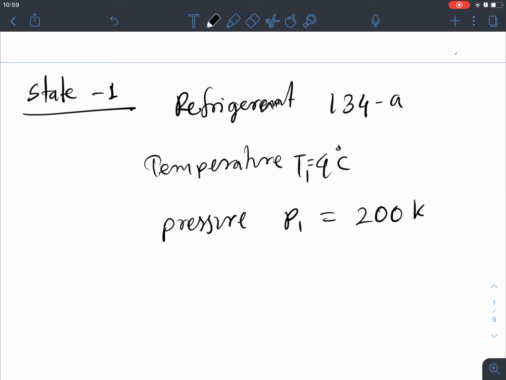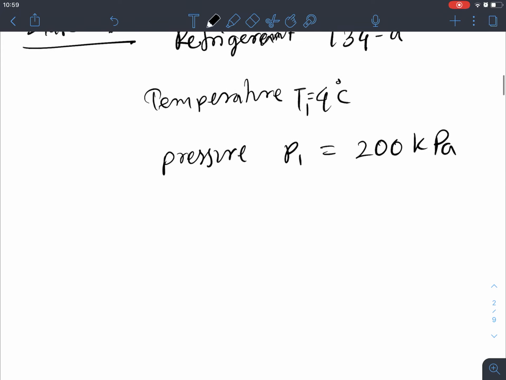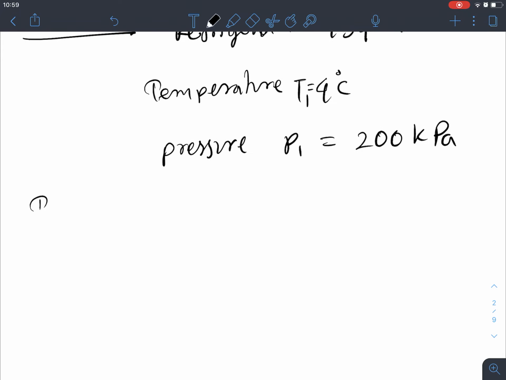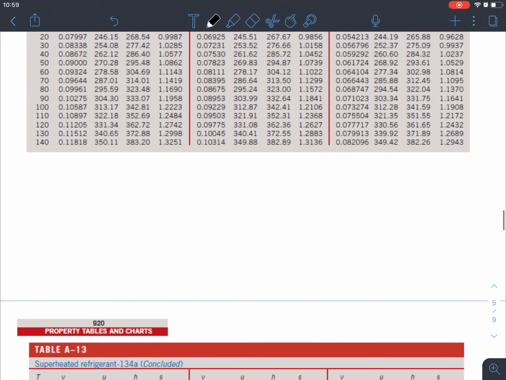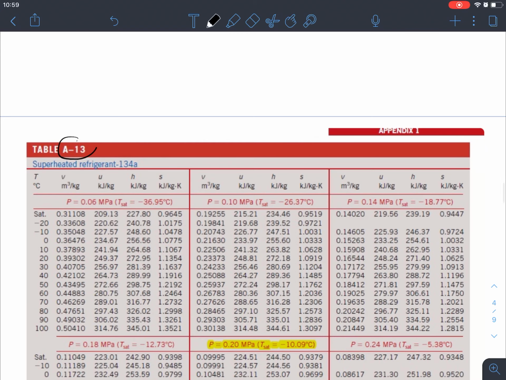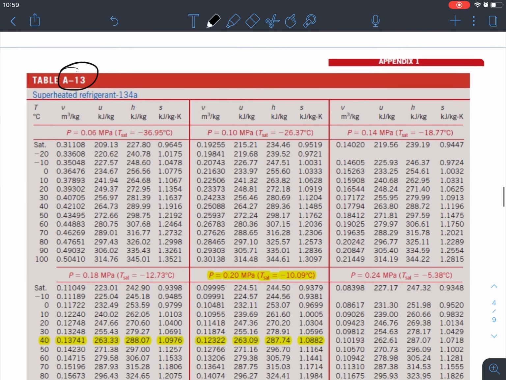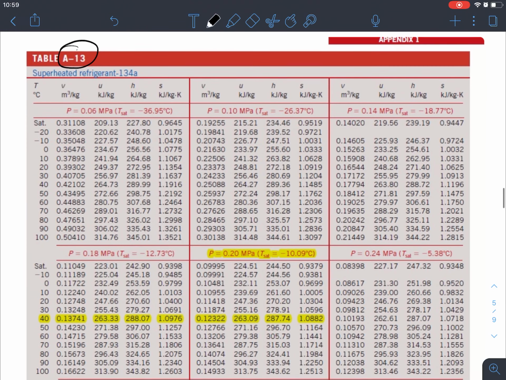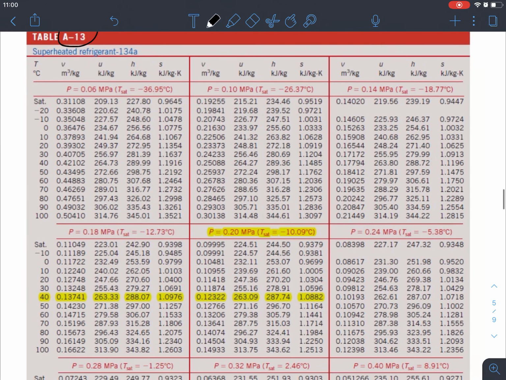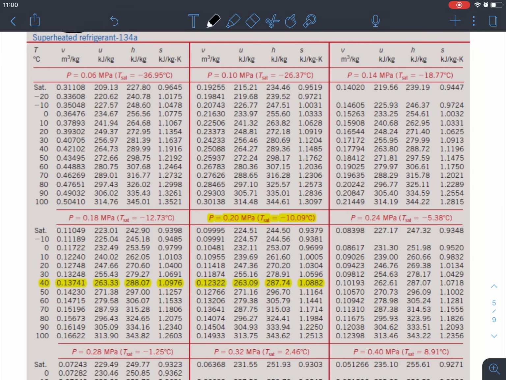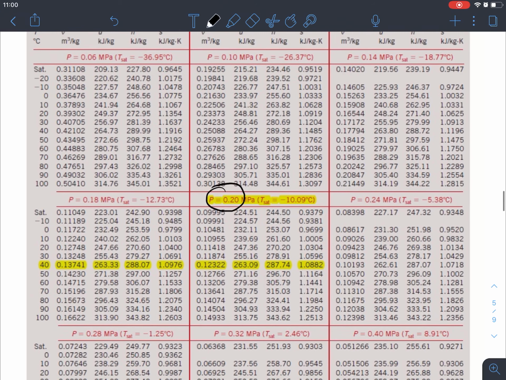Now from table A13, which is for superheated refrigerant, we will get the enthalpy and entropy. I copied all this information right here. This is table A13, superheated refrigerant 134a. In this table we look for the enthalpy and entropy based on 200 kilopascal, which is 0.2 megapascal right here, and 4 degrees Celsius.